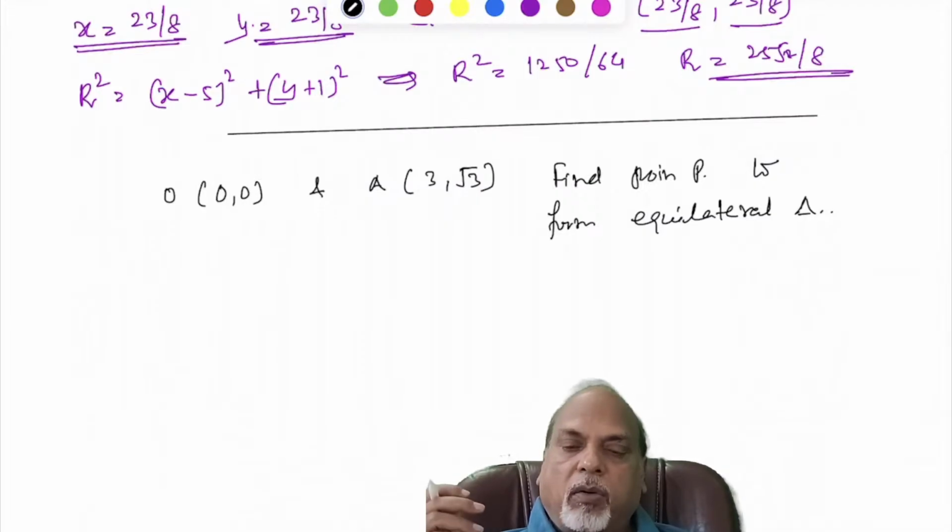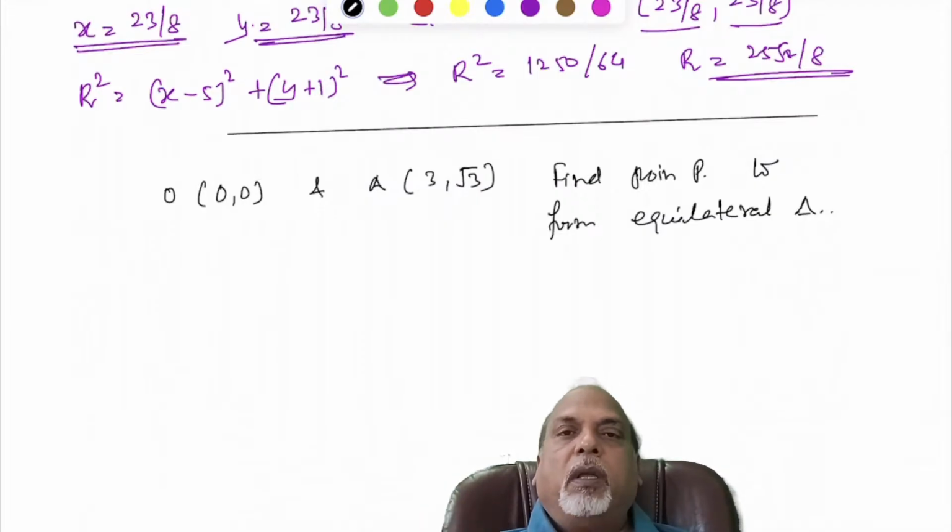You have to find out the coordinate of the point P such that all these 3 points O, A and P make an equilateral triangle. Correct?